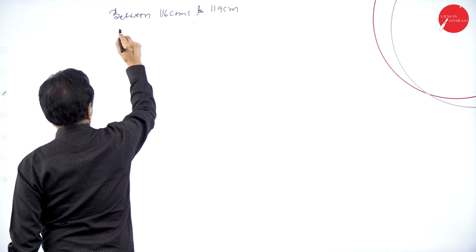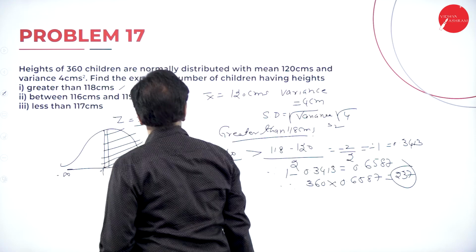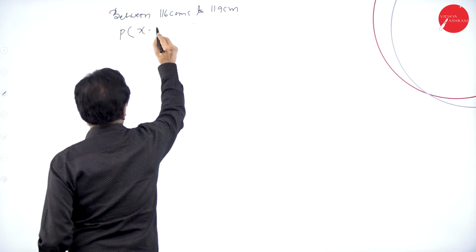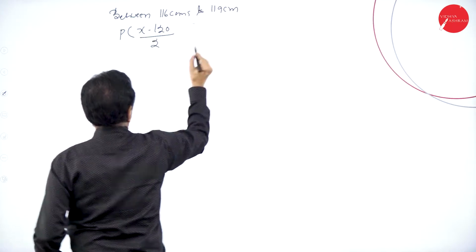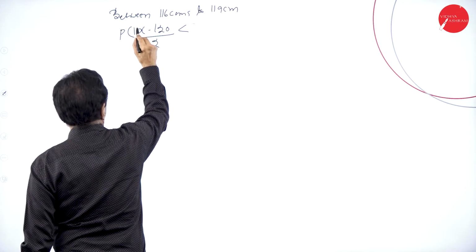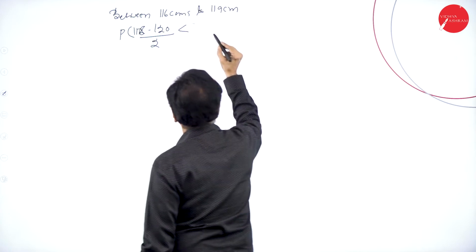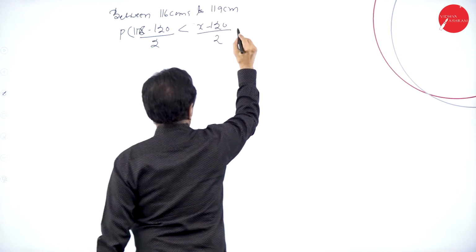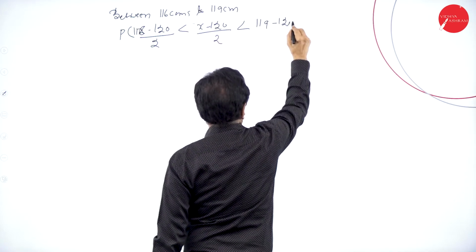So the probability is x minus the mean, your mean is 120, divided by your standard deviation, which is 2. We can write: 116 minus 120 over 2 less than x minus 120 over 2 less than 119 minus 120 over 2.